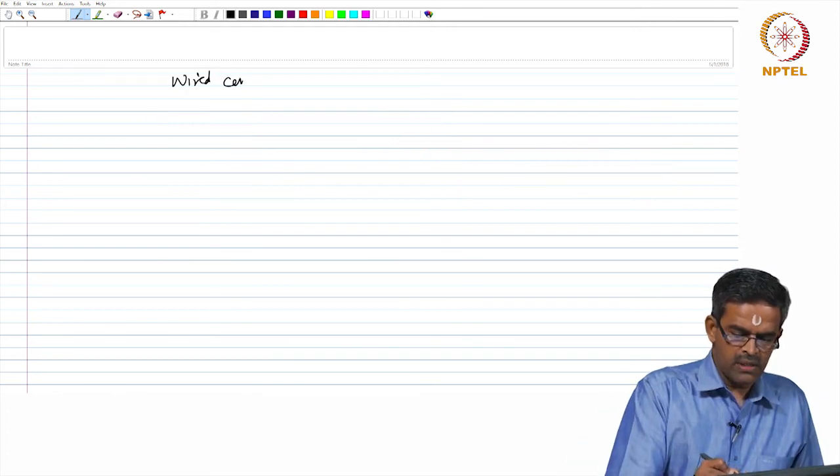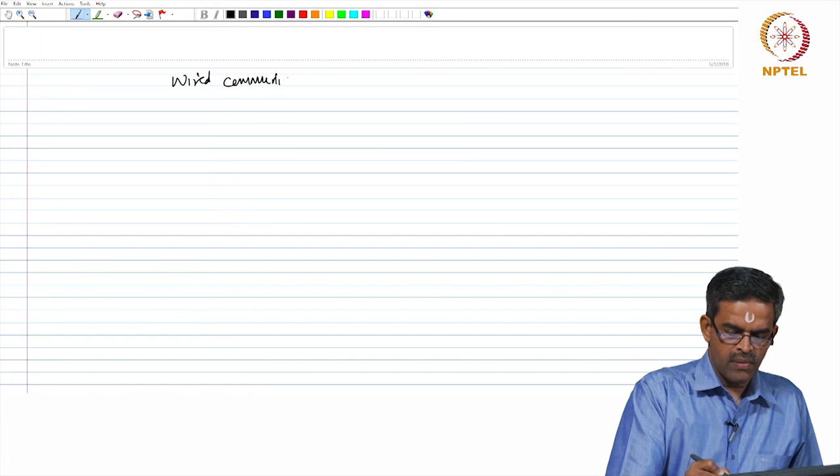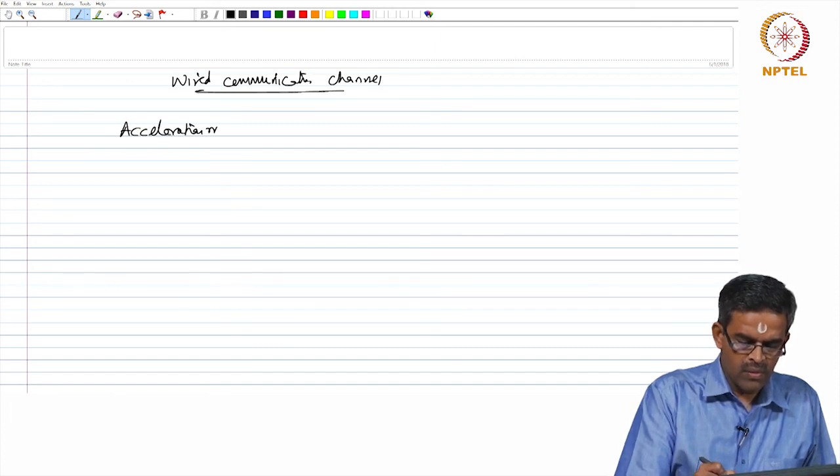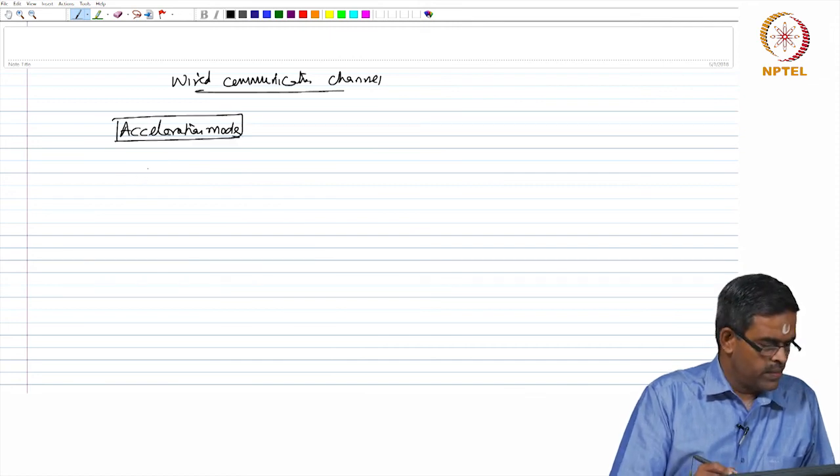In the hardwired communication system, it has an acceleration mode, which essentially is ADXL335.